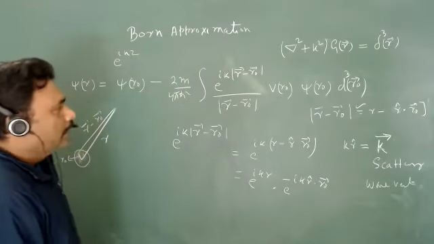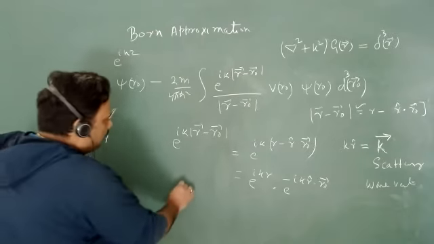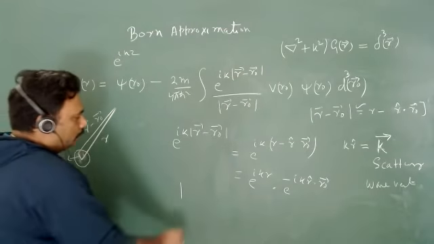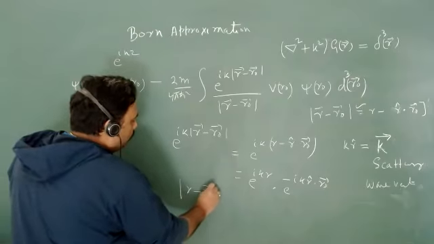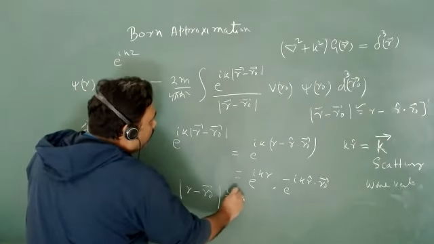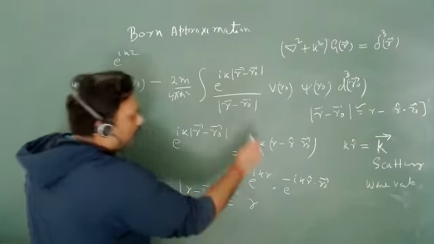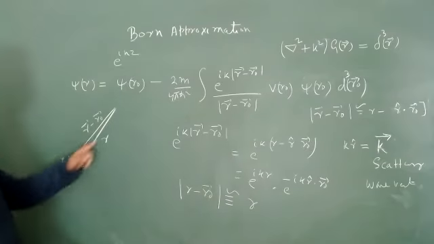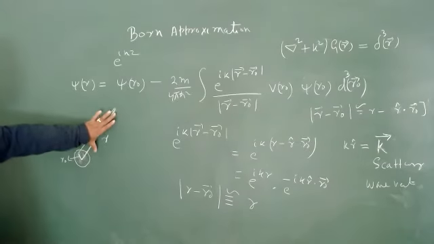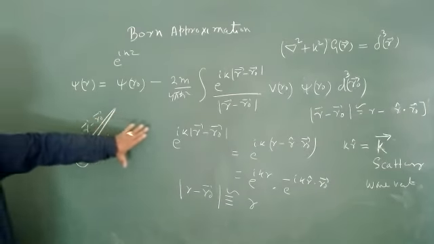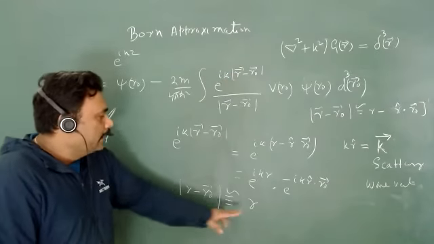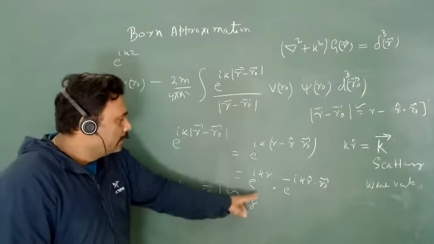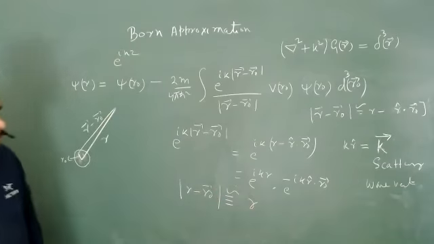And the second part is that r minus r naught we can approximately write as only r, because this r is very, very large. I am just talking about distance here, not about the function. So for the numerator I have taken this particular r.